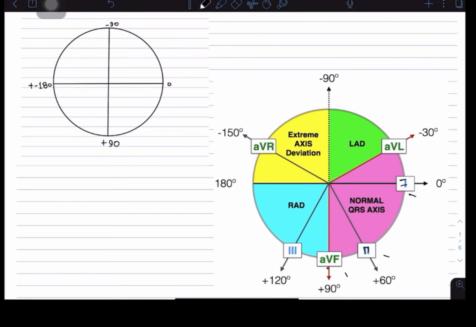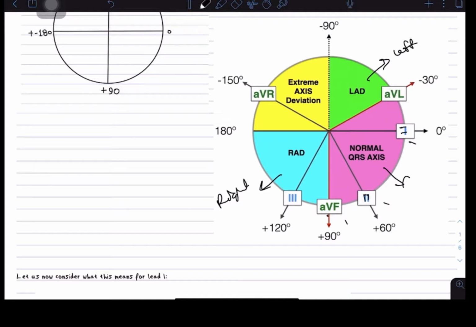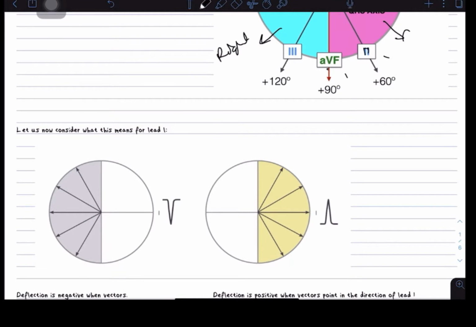So this area is considered to be normal axis, this area is considered to be left axis deviation, and this area is considered to be right axis deviation. So let me explain what this is. By lead we are going to see it.